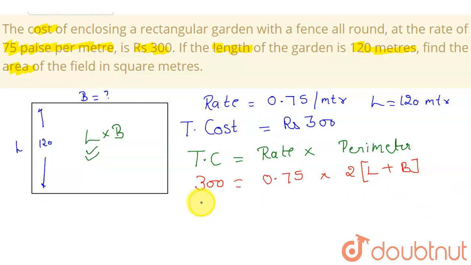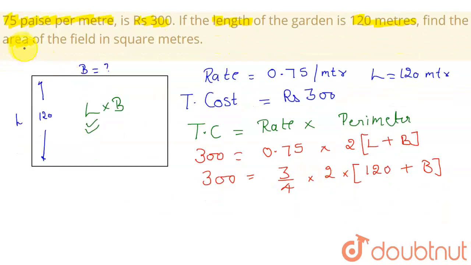So this will be equal to 300. 0.75 we can write as 3 by 4, into 2 into (L plus B), where L is given as 120, and we have to first find B. These two cancel out here. So our 120 plus B will be equal to 300 into 2, this 2 goes here and this 3 comes here.